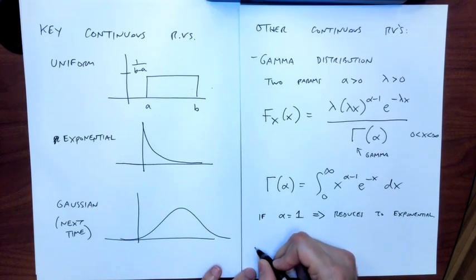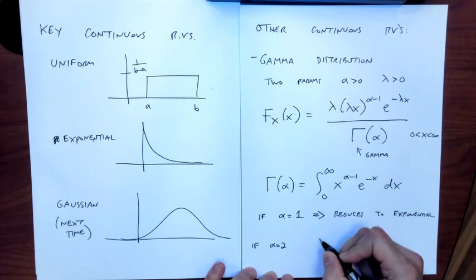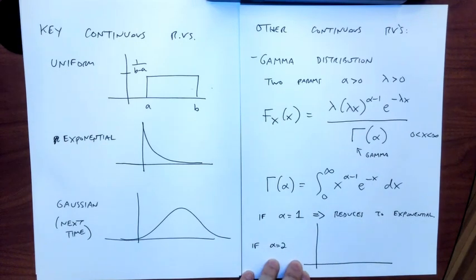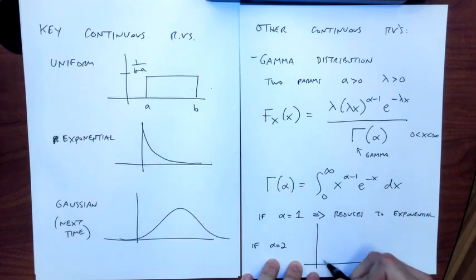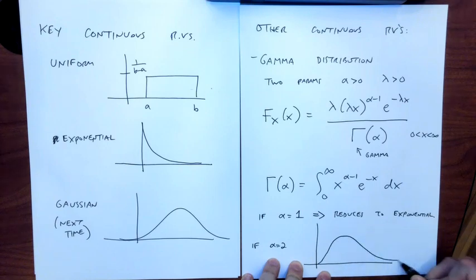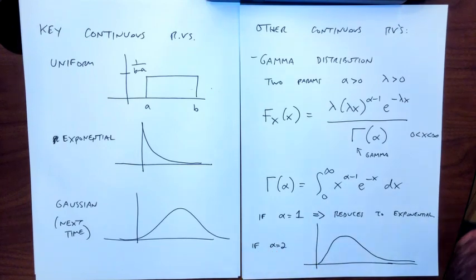If alpha equals some other number, I could make shapes that I can't necessarily get with one of these three things. For example, I could get something that has a nice blob for low numbers and tails off for high numbers, but is not centered in the middle like a Gaussian is, okay? So something where the mass is all shifted to one side. By tuning these numbers, I could get different shapes of distributions, which can be handy.